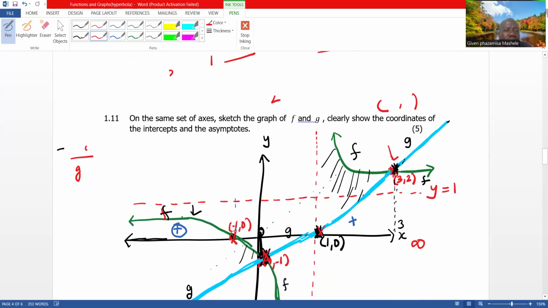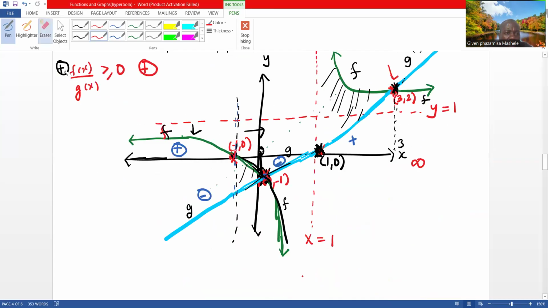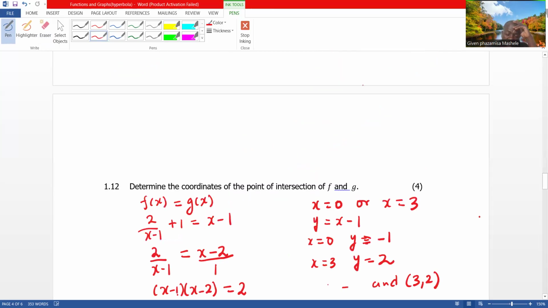When we talk about g prime, this is a derivative, and it has to do with the gradient.